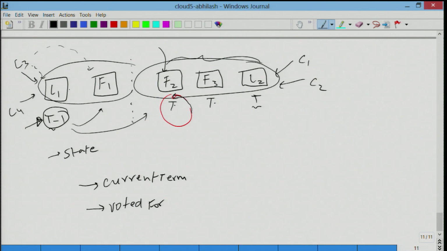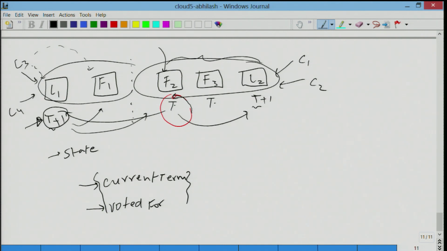Let us say both of these candidates are asking for votes for t plus 1. This follower happily gave a vote to L2, then it restarted and forgot that it had already given a vote, and it again gives a vote to L1. So we end up with two leaders in the same term and break our election safety. So these have to be on disk.